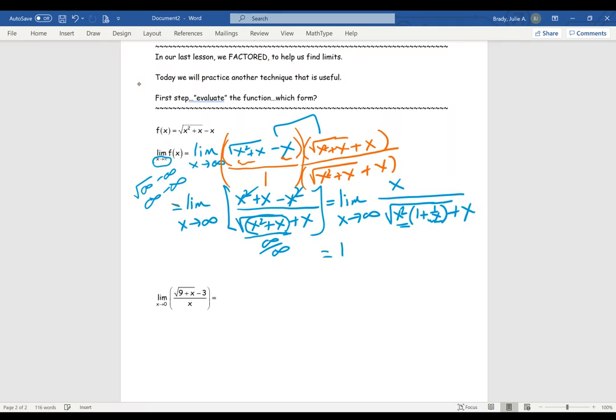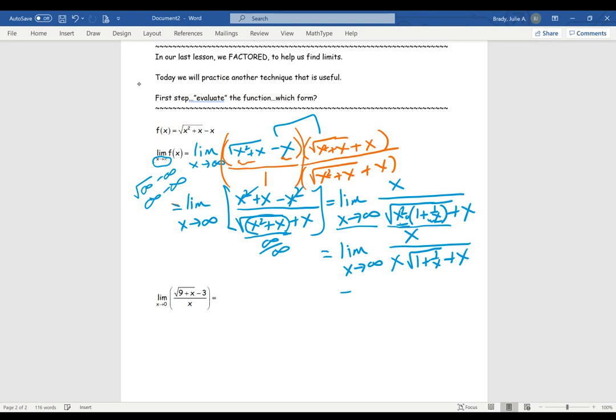Okay, here's why this is handy. Again, you wouldn't think about this the first time, but once you know this technique, you can use it in different situations. Since the square root of x squared is the absolute value of x, but x is positive, the first term in the denominator is x times the square root of 1 plus 1 over x, plus x.